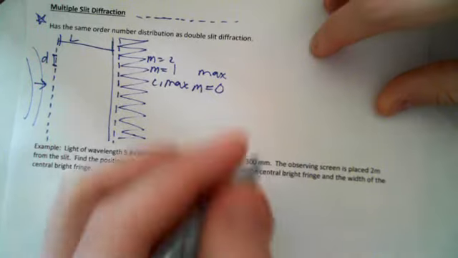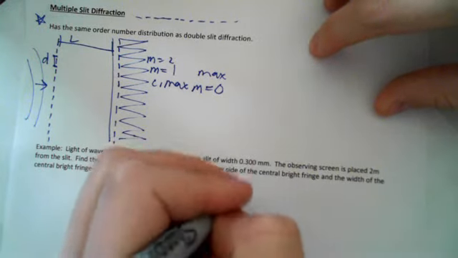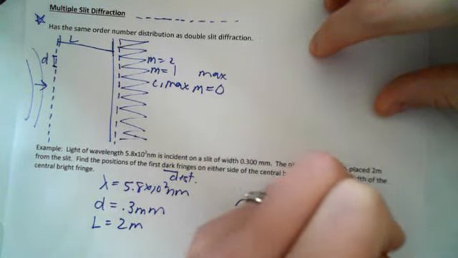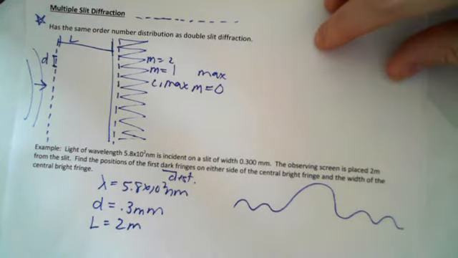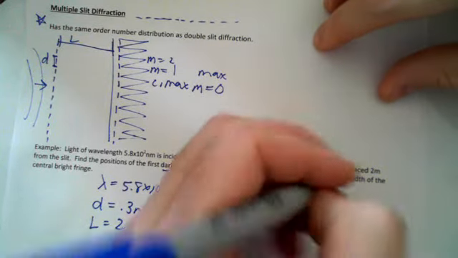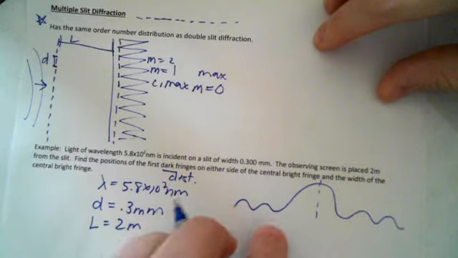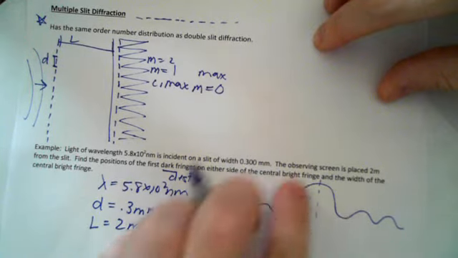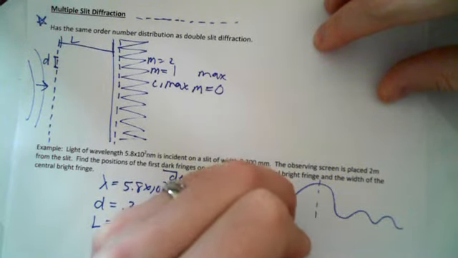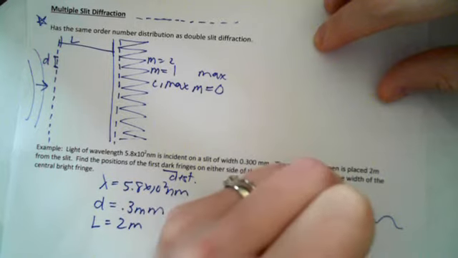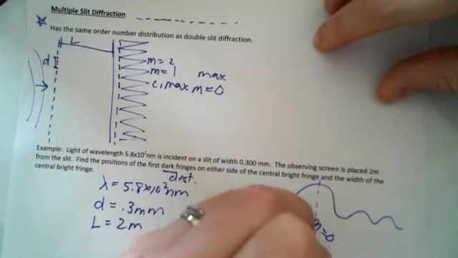Because we're talking about single slit, it's going to look like this. Here's our central bright fringe. Remember, with single slit, because this is so large, your order number starts at the area of destructive interference, m equal to 1.